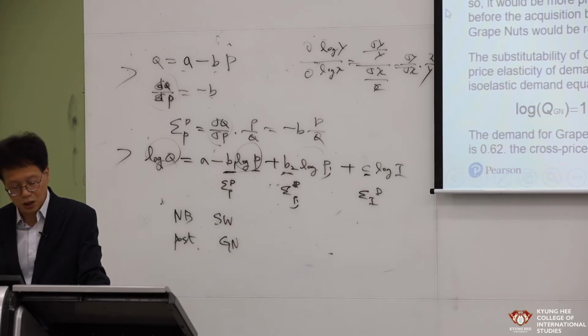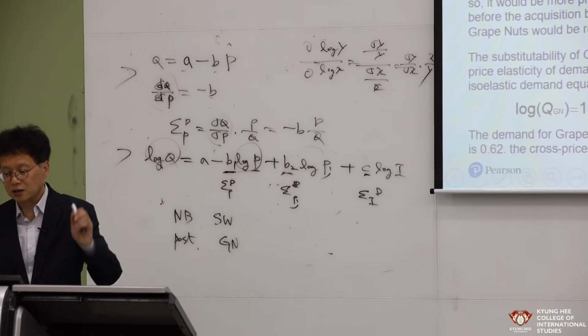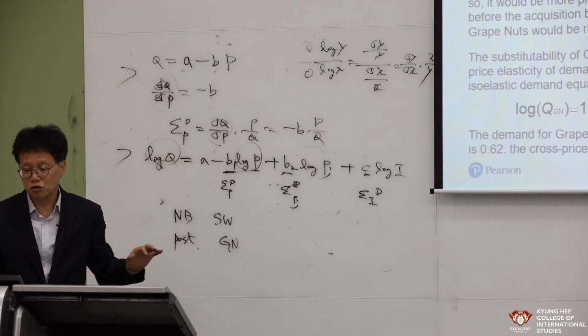To solve this kind of problem, demand for Grape-Nuts is a function of A minus B log price of Grape-Nuts plus log I, like this, right? And this kind of equation is estimated using data.